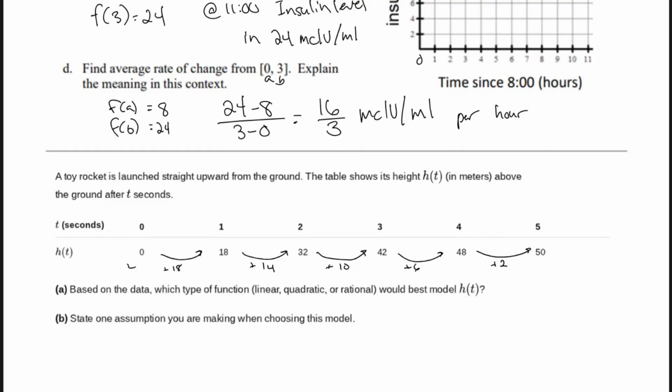Is it linear? No. Is it quadratic? You subtract 4, subtract 4, subtract 4, subtract 4, so it's quadratic.